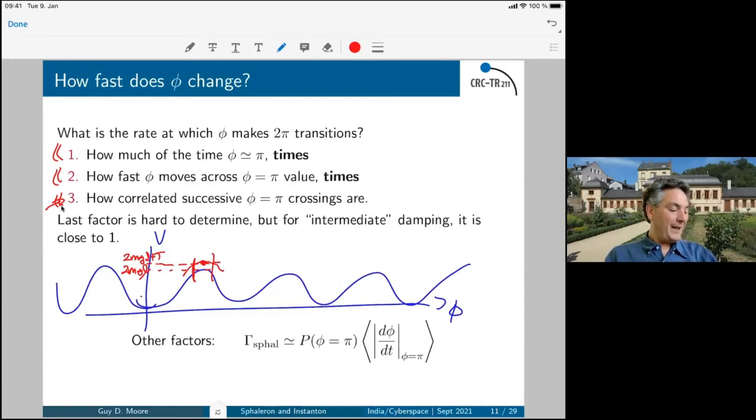Sorry, if the damping is such that it can make it this far without losing T, then it'll make it over the top in 1 shot. But if the damping is enough that going this whole distance is enough to lose T, then it'll get stuck here. So there's a wide range of damping strengths where the damping is weak enough to let it go over the top, but strong enough to catch it in the next valley.